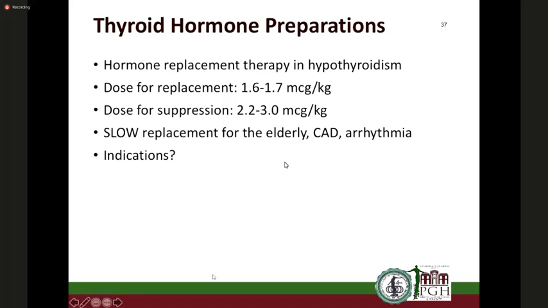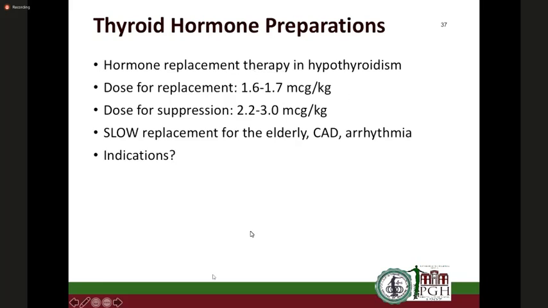So for 60 kilograms, that's around 90 something. That's why the typical default dose for replacement is around 100 micrograms per day. So this is because of this dose calculation. And your target is just to normalize the TSH.